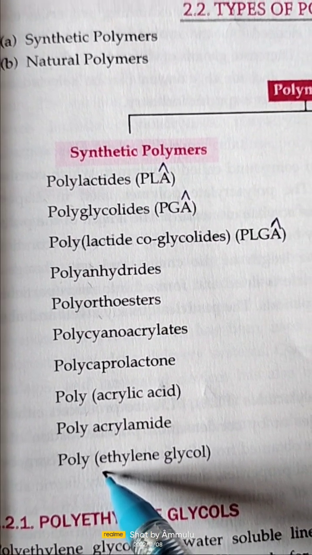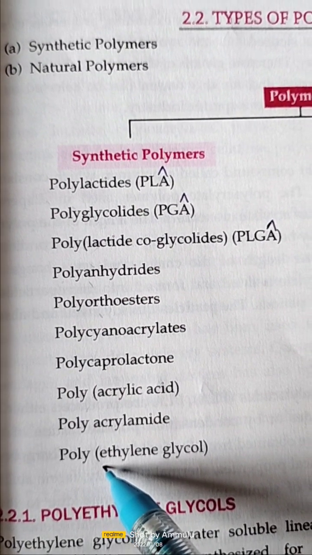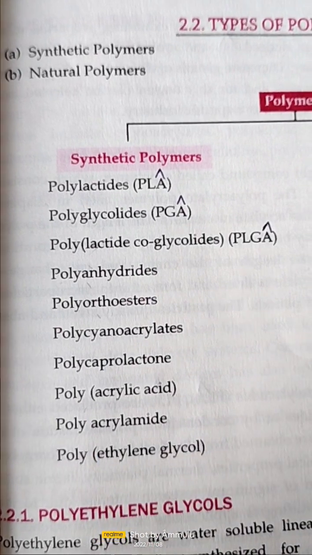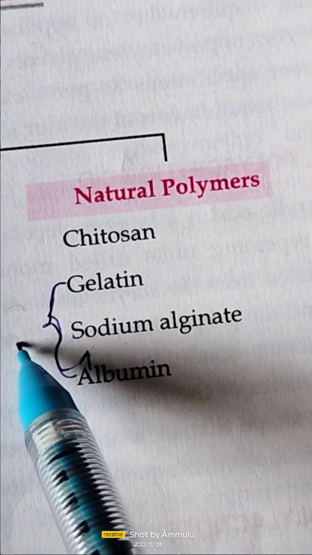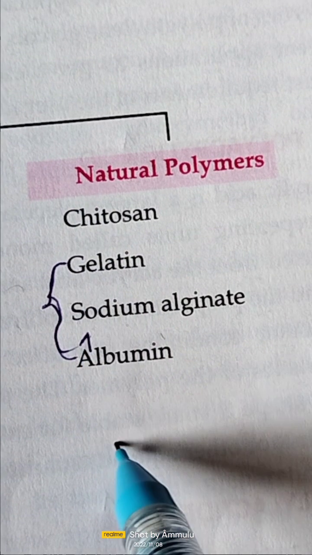These are the synthetic polymers. And when it comes to the natural polymers, here it is: chitosan, gelatin, sodium alginate, albumin. These are the natural polymers.